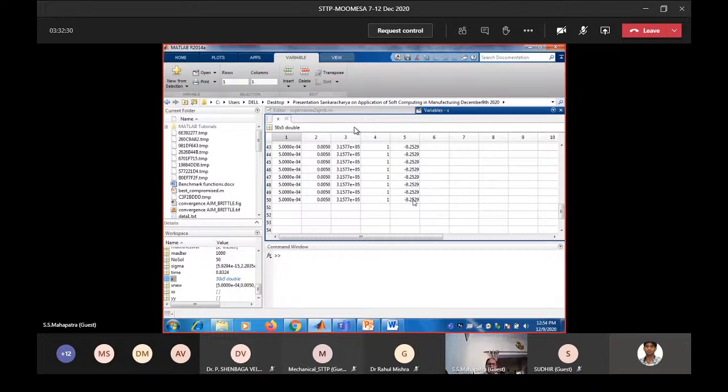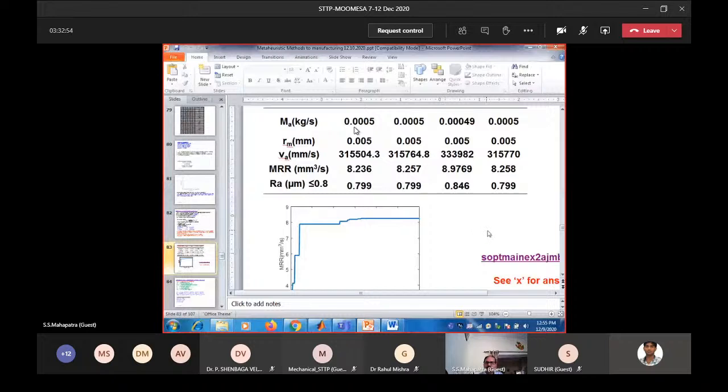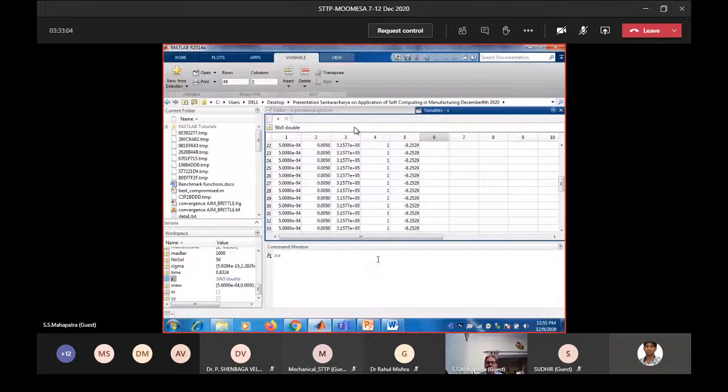Now here it is coming minus because material removal rate is maximized, and this program is written for minimization, so we multiplied the objective function by -1. Okay, so 8.25 we got. And this is the constant, whether you are validating the constant or not, that is given, and these are the parametric values.